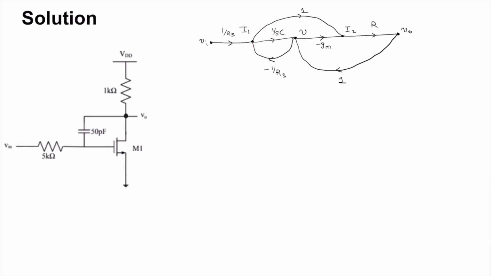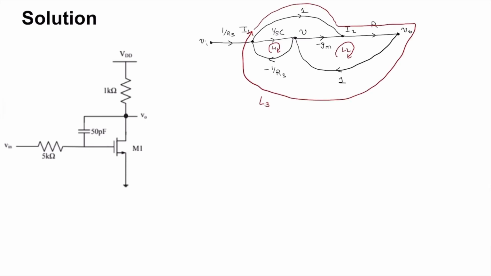Now with the signal flow graph, we need to identify the loops. We have three loops. The loop gains can be given as L1 is minus 1 over SRsC.